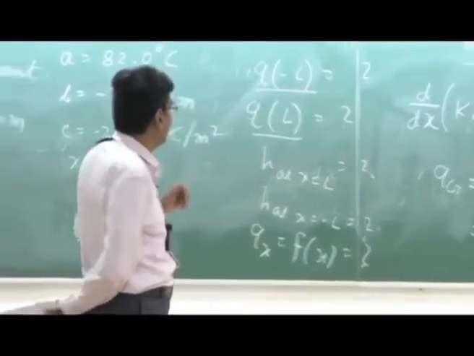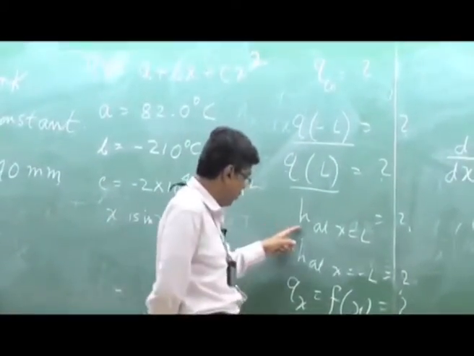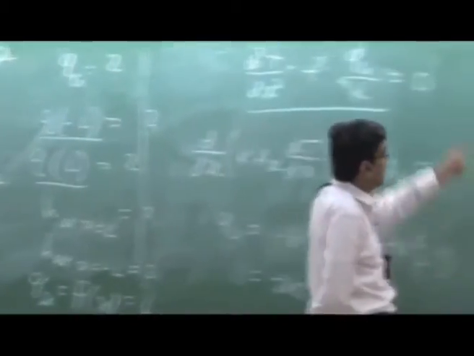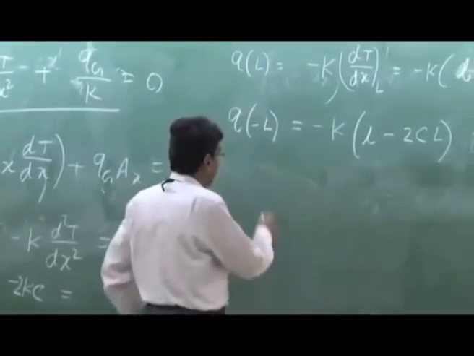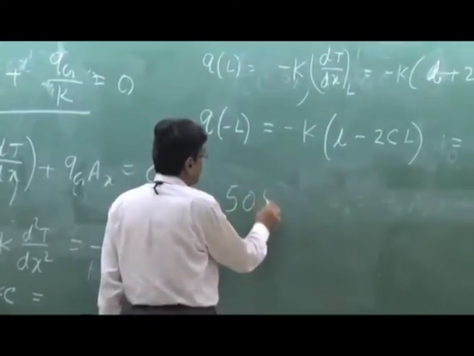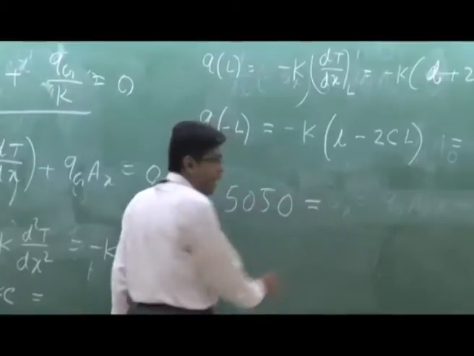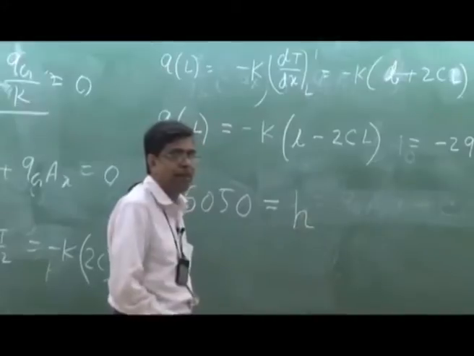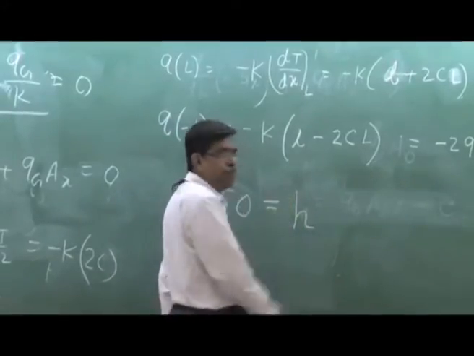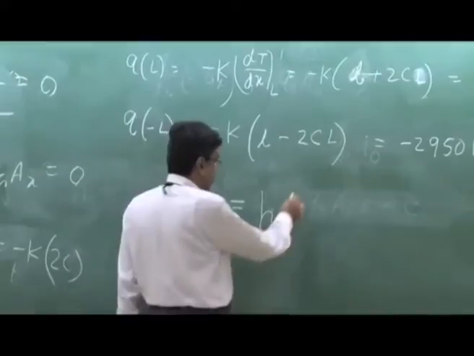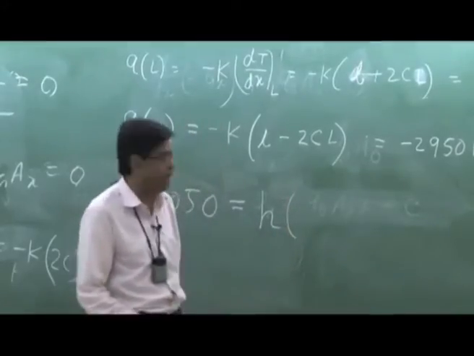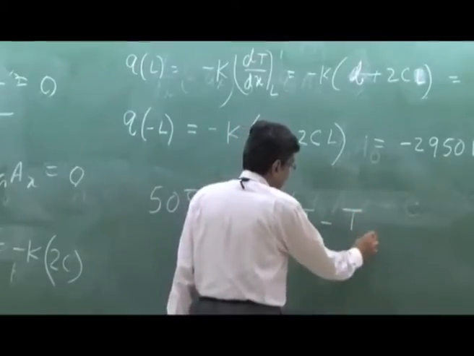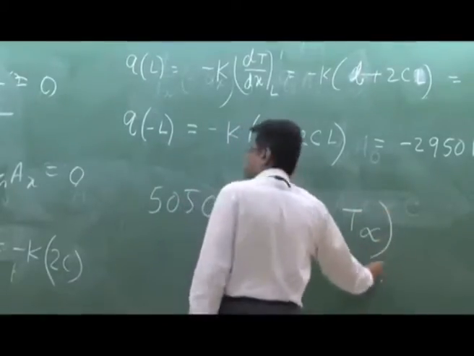Now how to find out H? Next is how to find out H at x equal to L and H at x equal to minus L. Here what you do, you take at L. So this heat has to be transferred by convection, and by definition of heat transfer coefficient, the convection heat transfer can be written as per unit area heat transfer coefficient times the difference of temperature, surface temperature minus the air temperature, which we call free stream temperature.